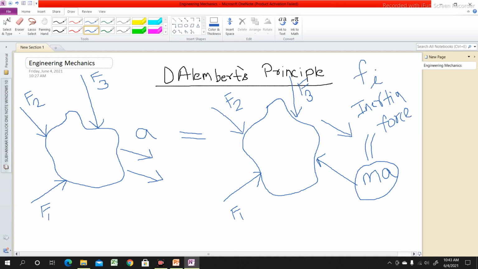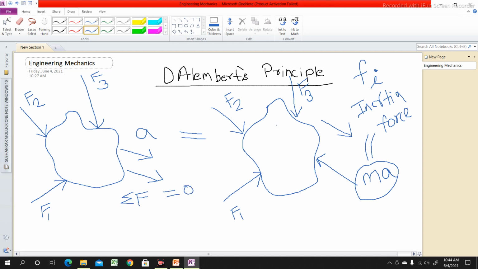That means in order to maintain dynamic equilibrium, according to D'Alembert's principle, the force equilibrium equation will be summation of F is equal to 0.